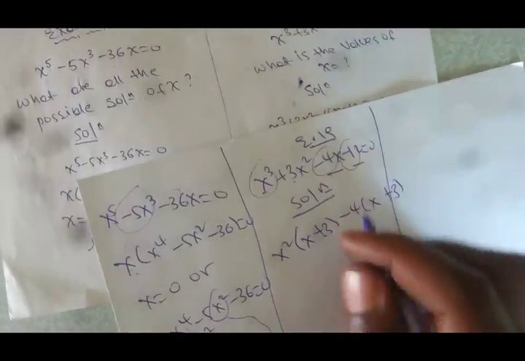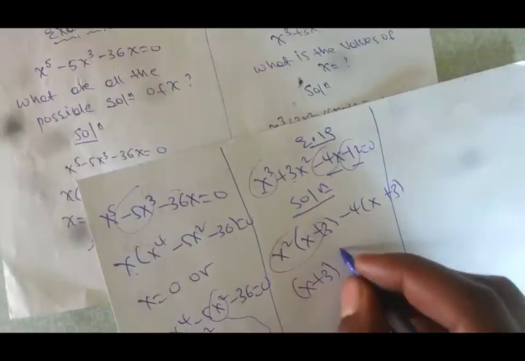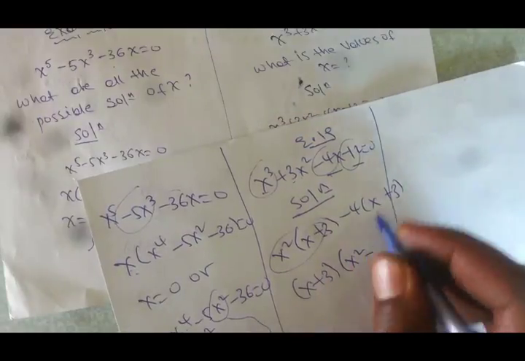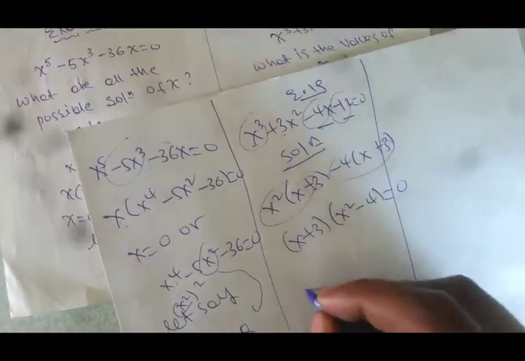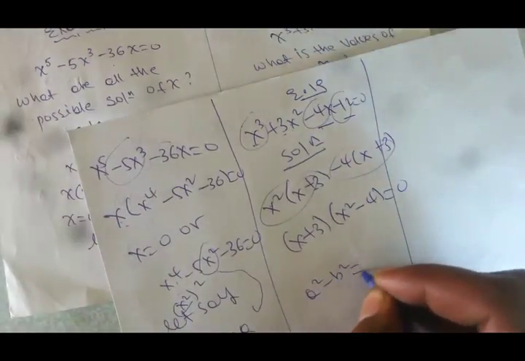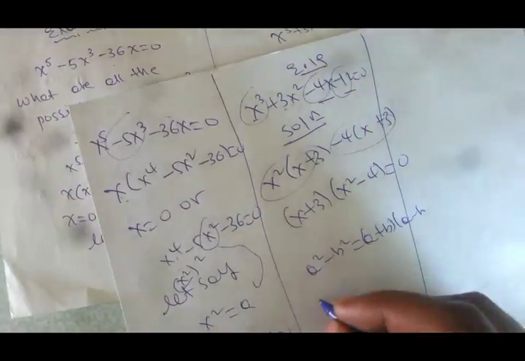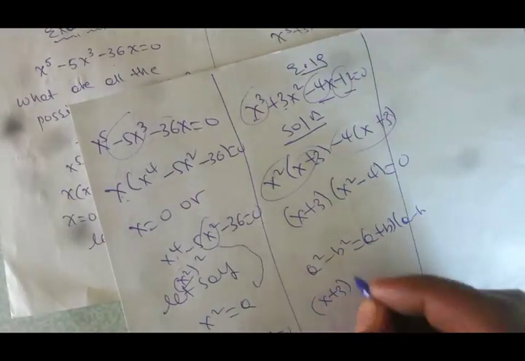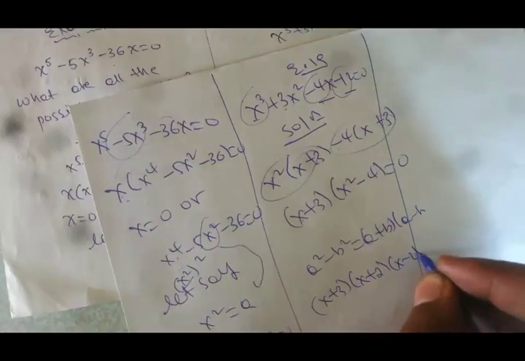Is there any common factor? Yes, x plus 3 is common. When this whole expression is divided by this, x squared will be left. When this is divided by this, minus 4 will be left, equal to 0. And we know that a squared minus b squared is equal to (a plus b) times (a minus b). Therefore, x plus 3 times, this can be written as (x plus 2) times (x minus 2), is equal to 0.